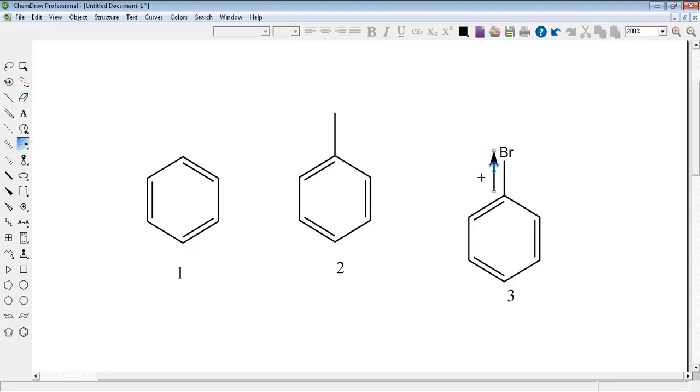It takes electron density from the benzene ring, so the density on the ring will be lower than on benzene itself. Now it is clear?